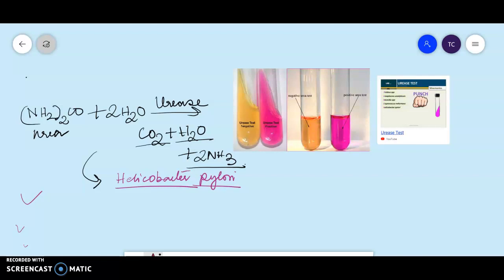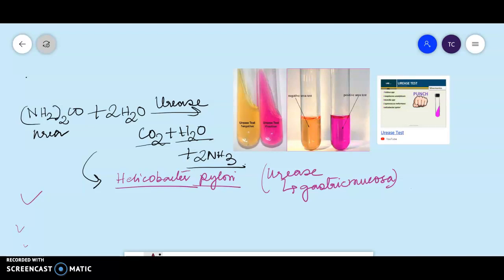It's a rapid, cheap, and simple test that detects the presence of urease in or on the gastric mucosa. It is also known as your Campylobacter-like organism test, and this test will tell you whether you have Helicobacter pylori or not.